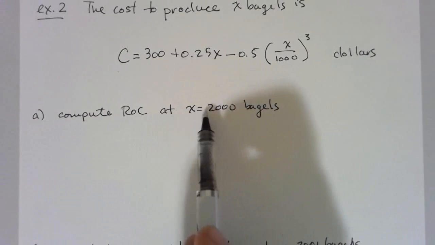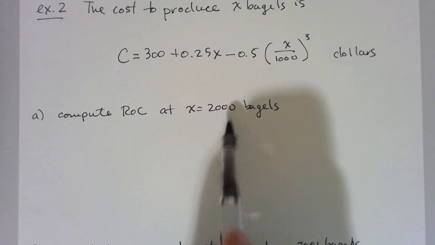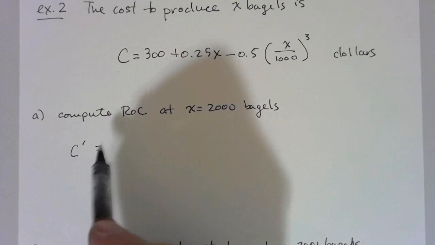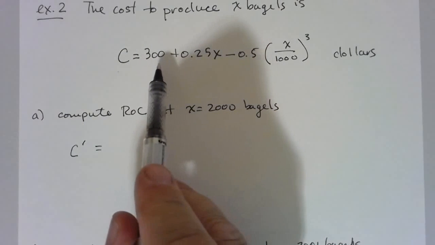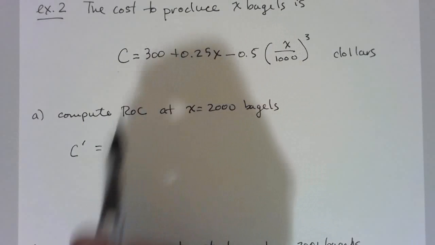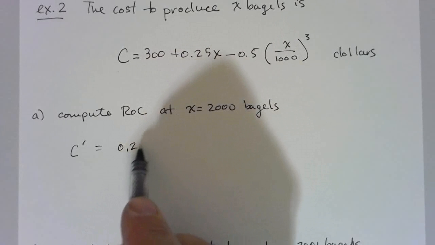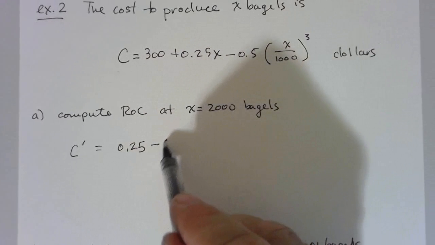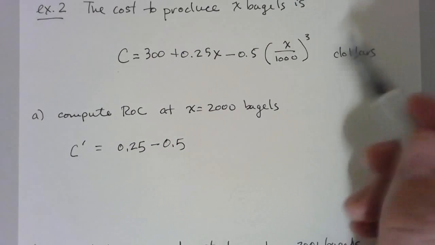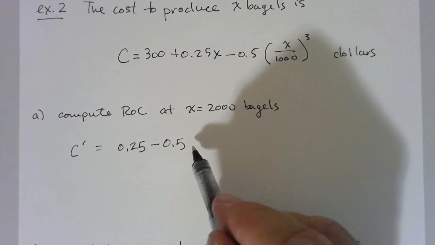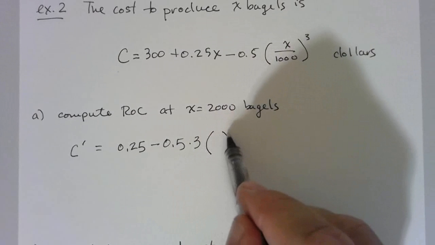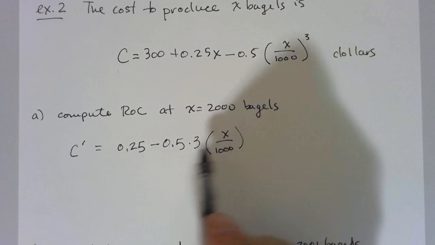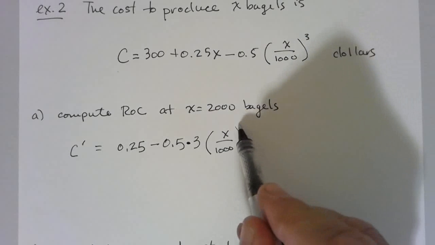Rate of change at a value is the derivative at that value. So I need to get C prime. The derivative of 300 is 0. This is a constant times x, so I'll get 0.25. Then I have this thing to the third power, so the 3 comes down, multiplied by the thing squared.